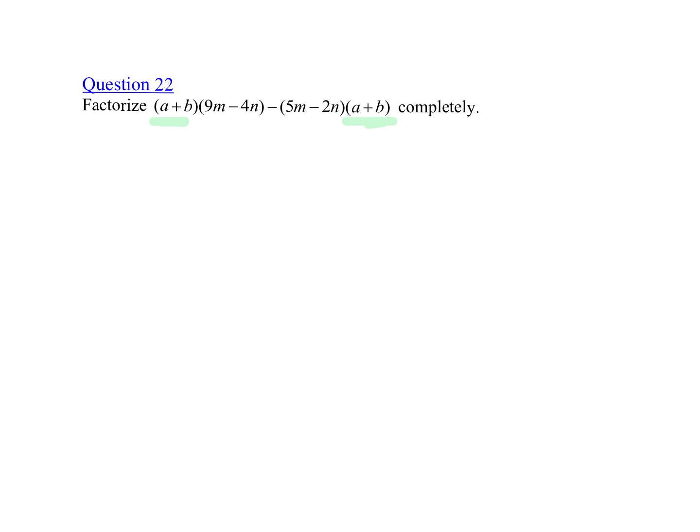So in this case, with these two factors that are going to be the same, I'm going to factorize out the common factor. Now common factors, we only write them one time. So this one will be a plus b times the whole of, what's my remaining factor? If I were to cover away a plus b, I'm left with 9m minus 4n and 5m minus 2n.